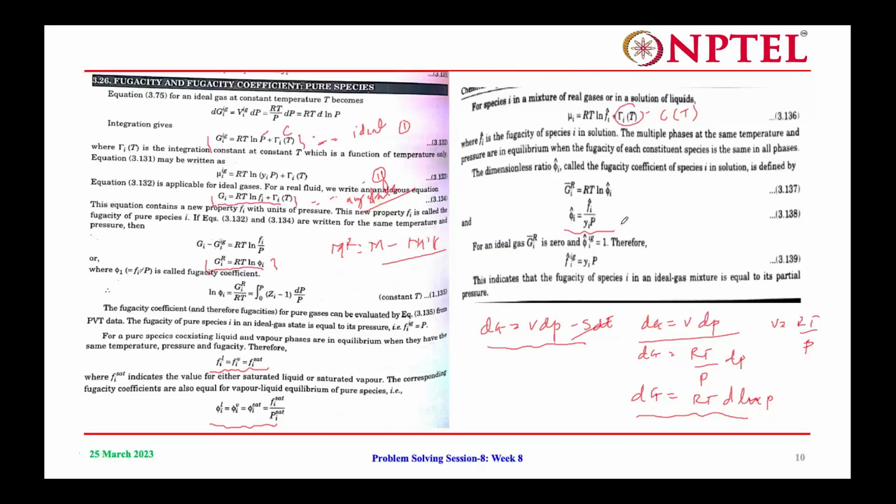G bar. So you can write down for the partial molar properties, here we use a bar, right? The one without bar is for the residual properties, just like Gi R equal to RT ln phi i. Suppose you have to use it for the partial molar property, then you take G bar equal to RT ln.